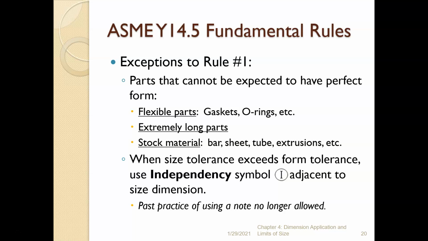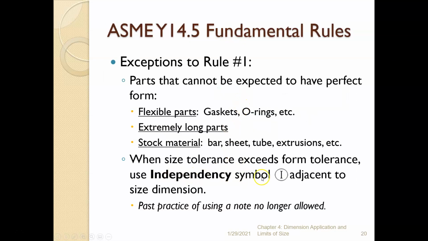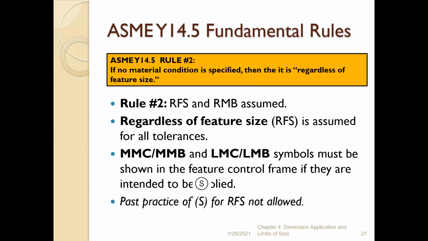When size tolerance exceeds the form tolerance, that is to say, when we want to break rule number 1 and say we're not going to use rule number 1 here, we need to use what's called an independency symbol, a circle I, and we put that adjacent to the size dimension. We'll see some examples of that.